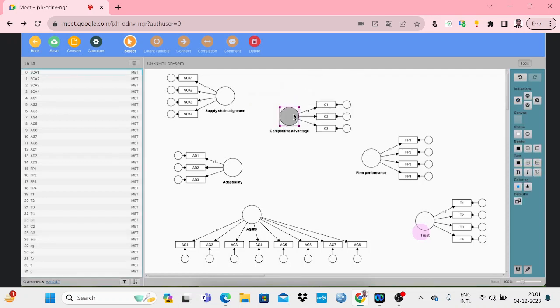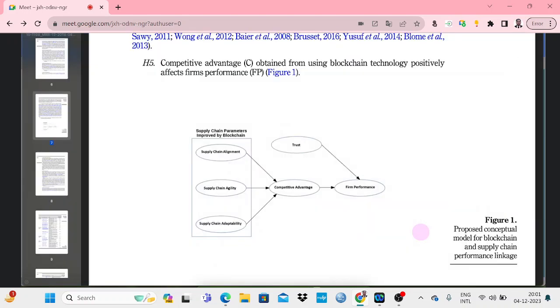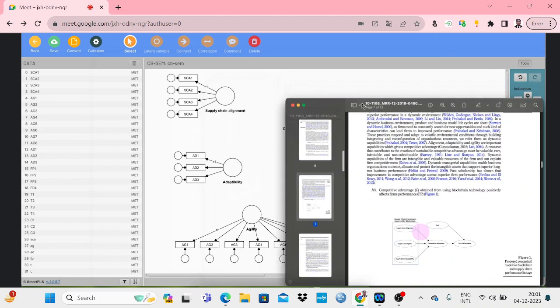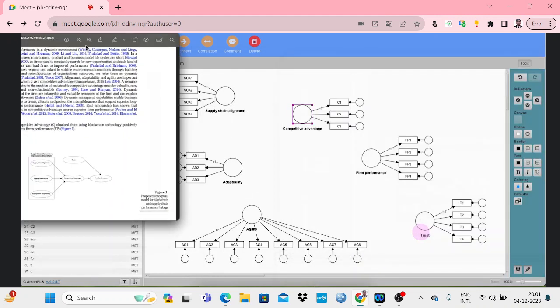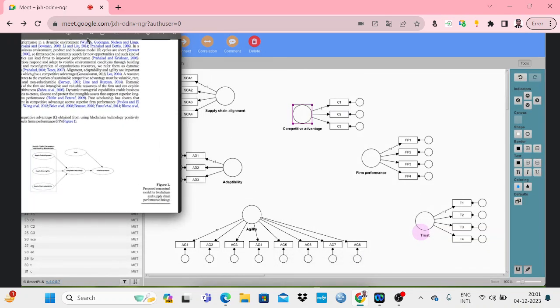Now let us first ensure from the text that all our variables are there: supply chain alignment, adaptability, agility, competitive advantage, firm performance, and trust.